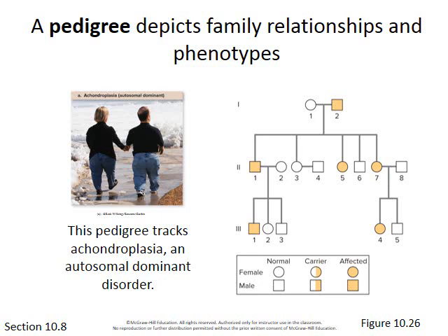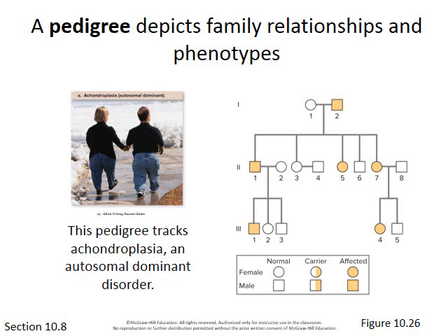So a pedigree depicts family relationships and phenotypes. Pedigrees do not look at genotypes for the most part because they're not known. But if they are known, then you can have an example like down here where something is a carrier, and you would know the genotype.